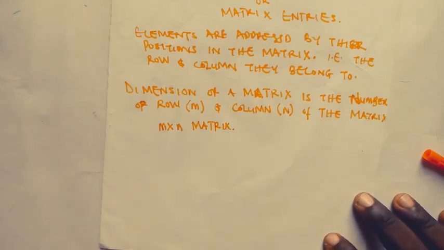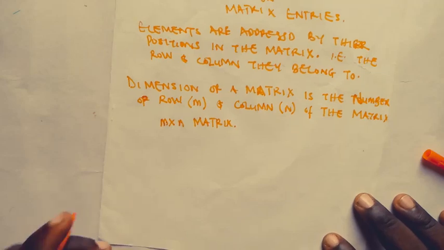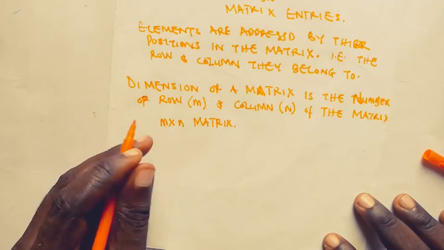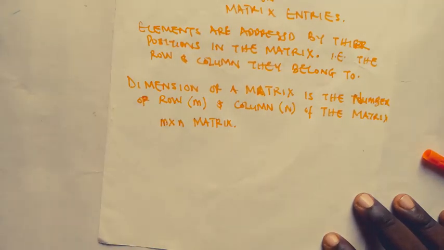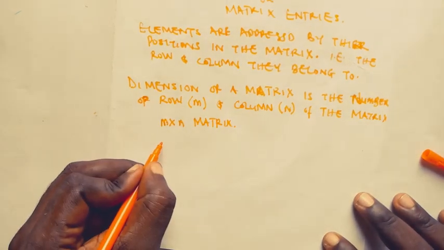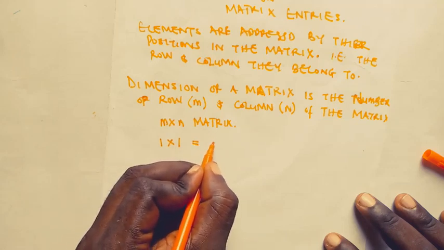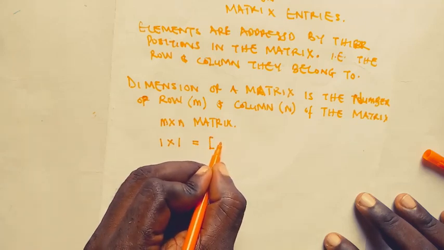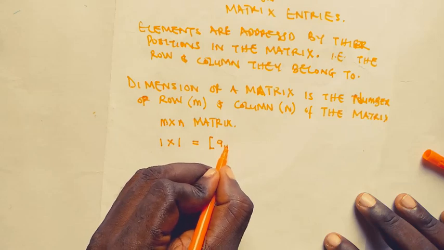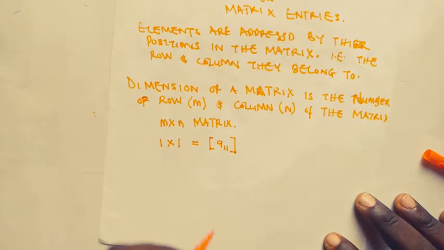So I'll give you examples. For example, if a matrix has one row and one column, a 1 by 1 matrix, it means it is just a matrix that has only one row and one column, a single entry matrix.